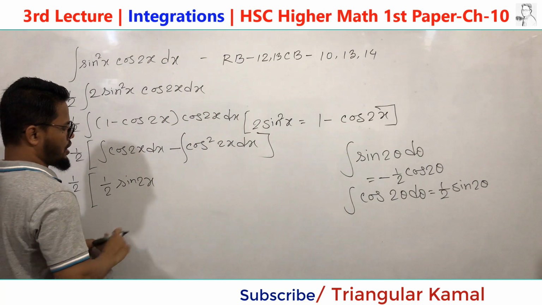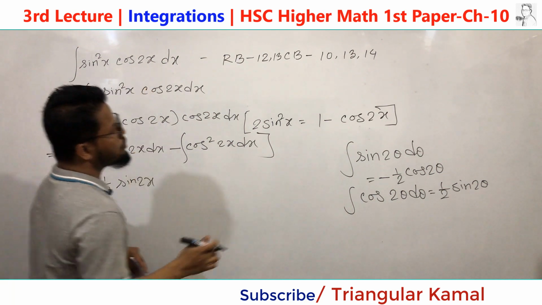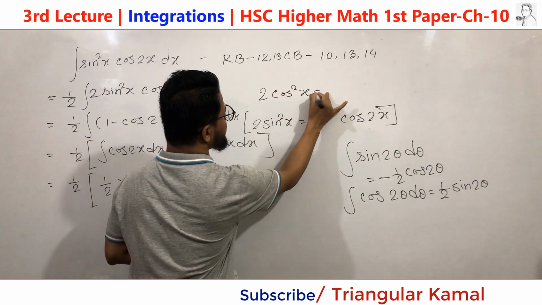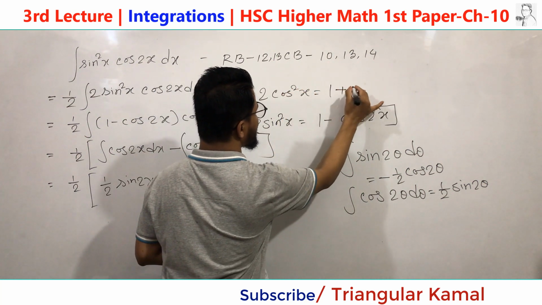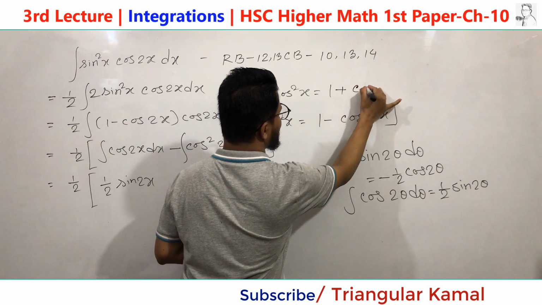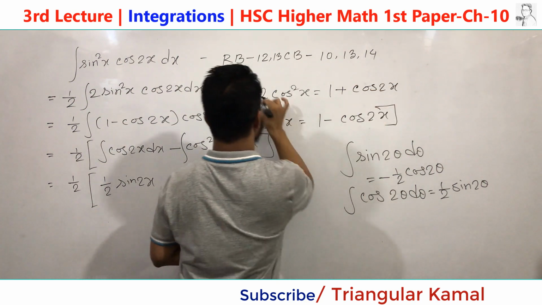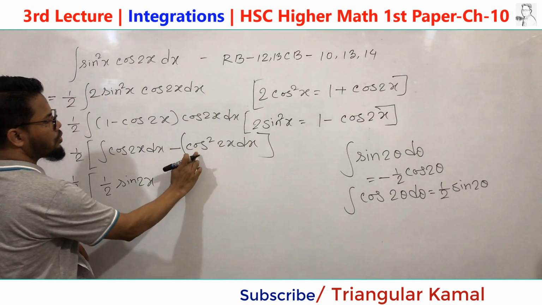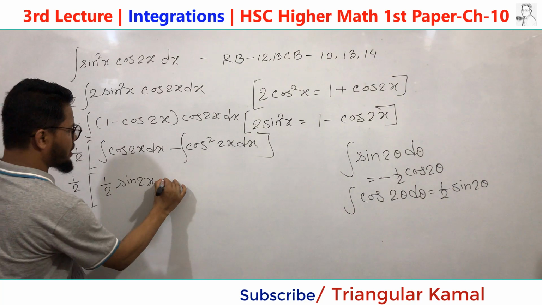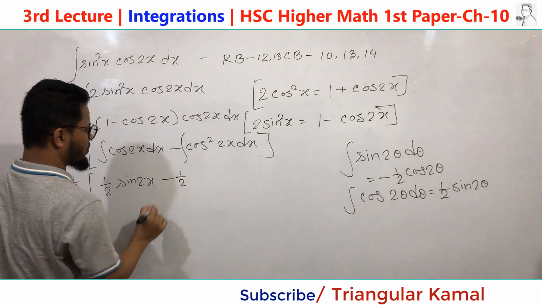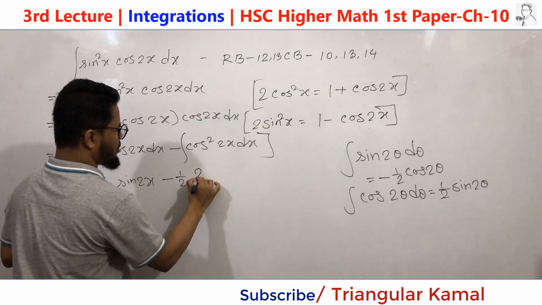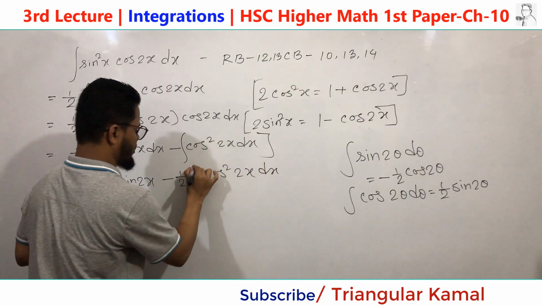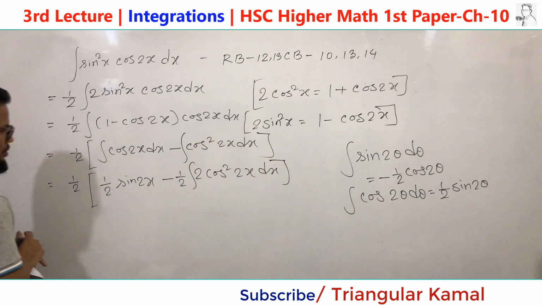Now what should we see here? Cos square. As with the previous one, we use 2 cos square x, a formula similar to this one. In terms of cos, the sign will be plus, and in terms of sin, it will be minus. So to convert this into 2 cos square, multiply again with half, then write 2 times of cos square twice x dx, and the remaining integration part.